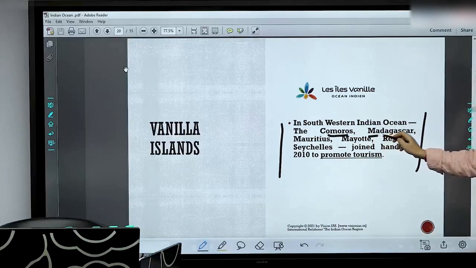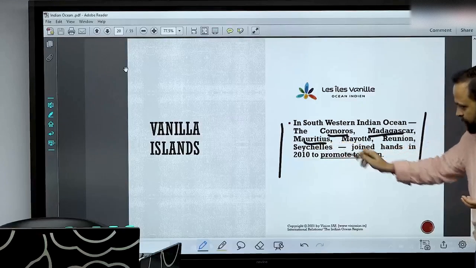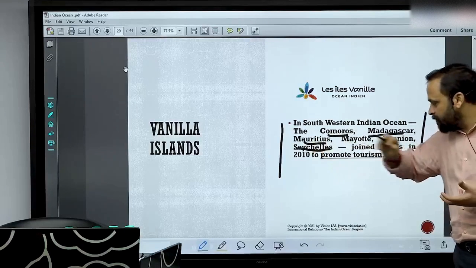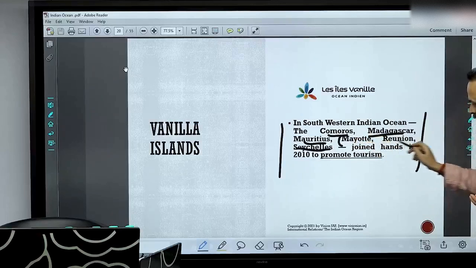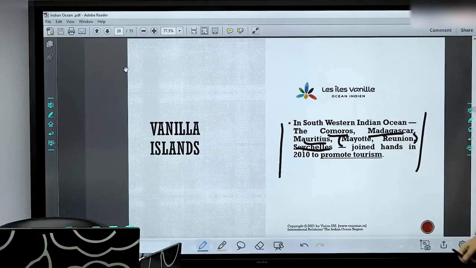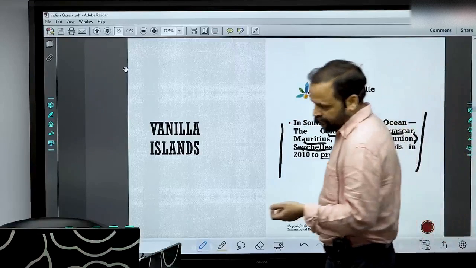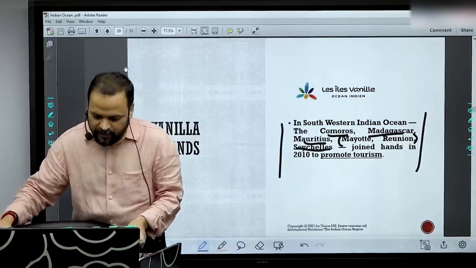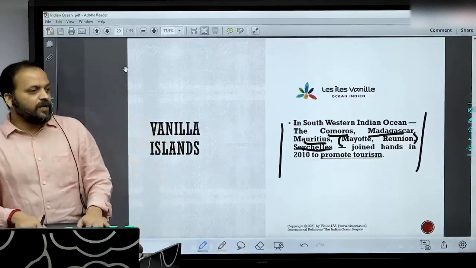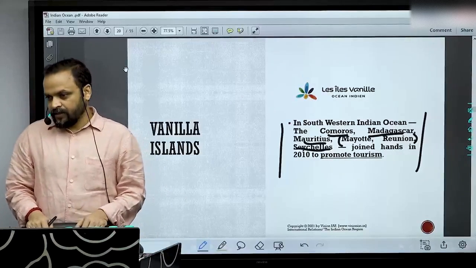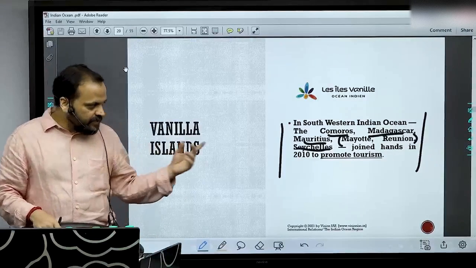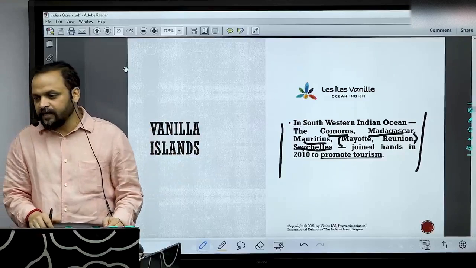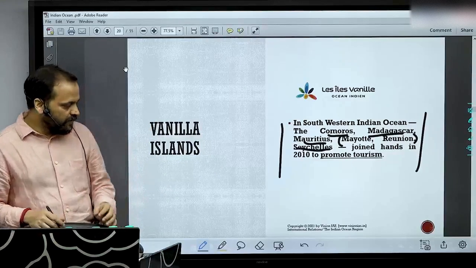Comoros, Madagascar, Mauritius and Seychelles, these are independent countries. Mayotte and Reunion, these are territories of France, right? So France, many people ask when the International Solar Alliance came, why is France a part of International Solar Alliance, right? Because France has territories in the Indian Ocean region, right?